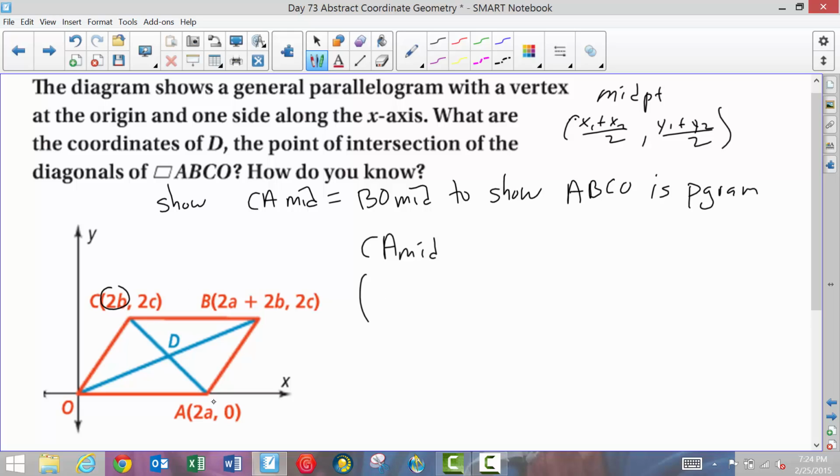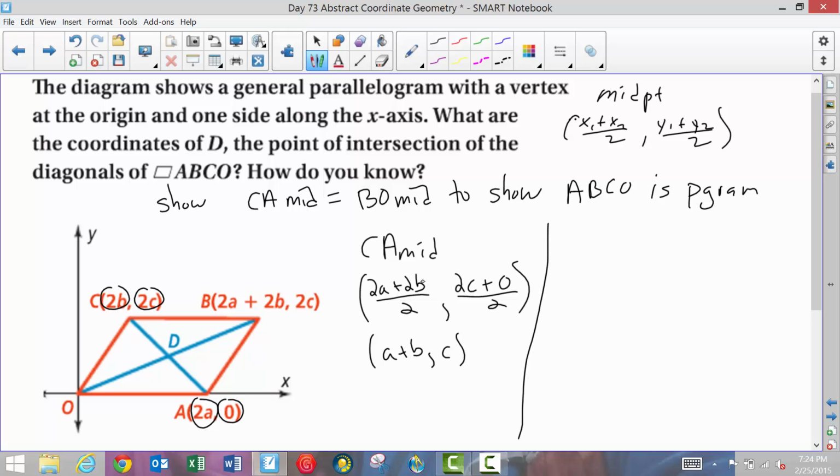My x values of C to A is 2A plus 2B over 2, and add up my y values, so that's 2C plus 0 over 2. 2A plus 2B over 2 simplifies to A plus B. 2C plus 0 over 2 simplifies to just C. So there is my midpoint of CA.